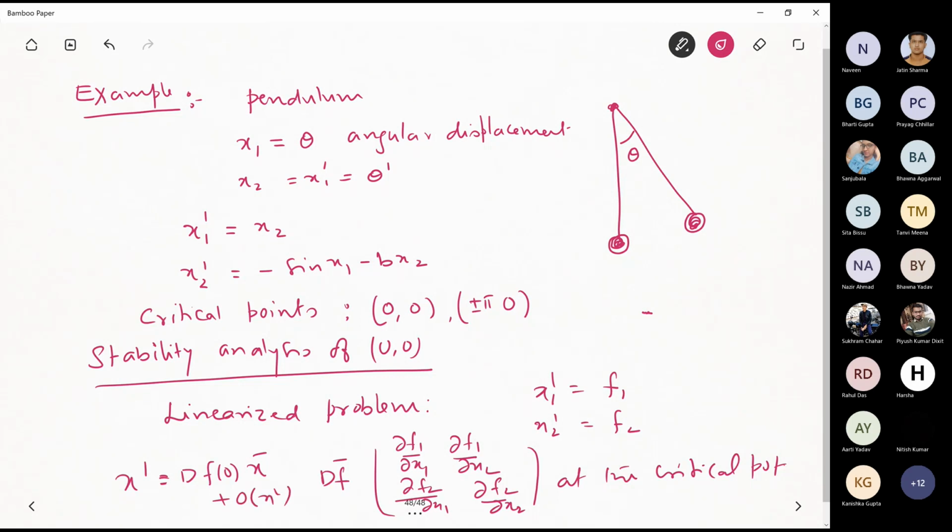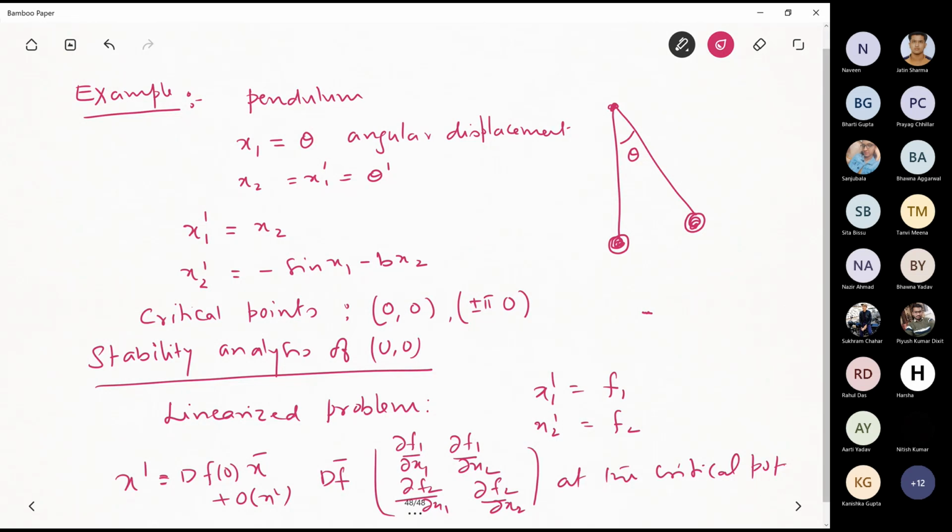Okay, so if you see that f1 is x2 itself, therefore ∂f1/∂x1 is 0 and ∂f1/∂x2 is 1, and f2 is minus sin x1 minus b x2. So you can write the derivative of that, therefore it's easy.